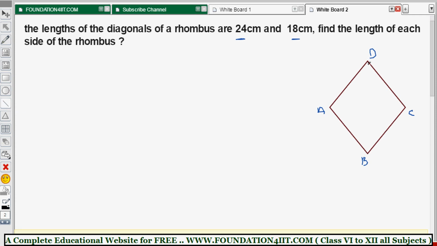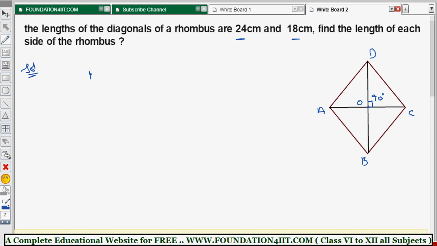The lengths of the diagonals are given: BD is 24 and AC is 18, and they intersect at O. The diagonals of a rhombus bisect each other at right angles. That means angle DOC is 90 degrees, and they also bisect each other.